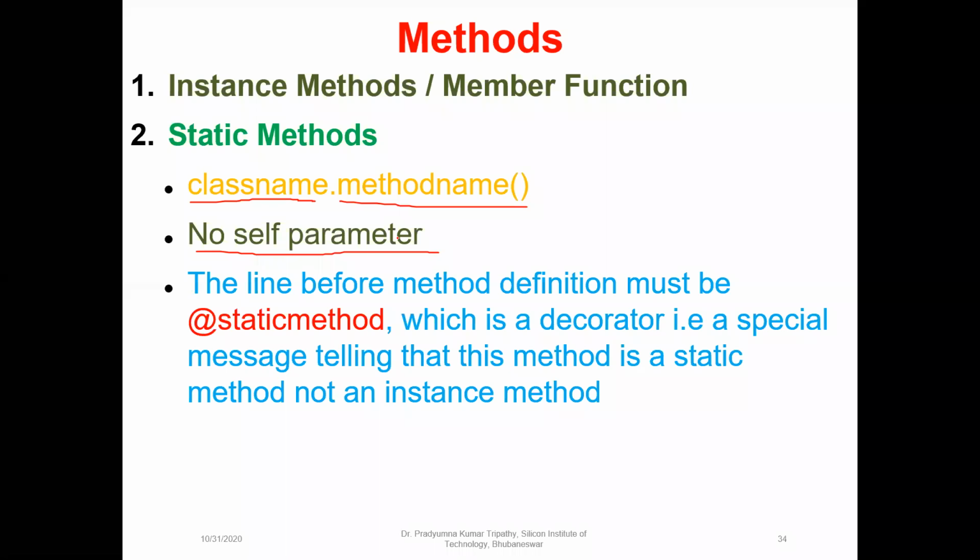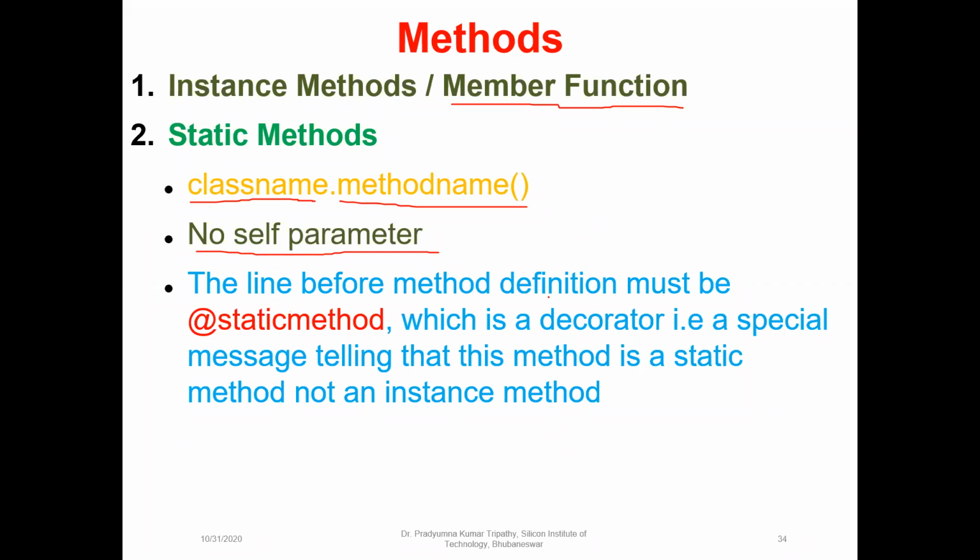I do not need to say much about member functions because these are the ordinary functions defined inside the class. So how will you know which one is the static method?